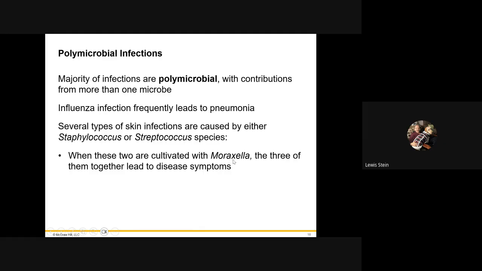And Moraxella, you don't have to know what it is. It's a bacteria. It's part of our normal flora. We typically find it inside our mouth and throat. It's always there. And yeah, if you put them together, they could cause problems. I'll buy that. Does that make everything polymicrobial? Hardly. So we will classify this page as BS.